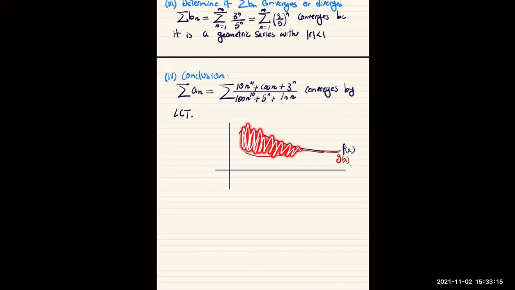This area and that area is finite. Just imagine if this integral is 10, and this area is like, let's say 5, then this area is 15. One converges, the other has to converge.